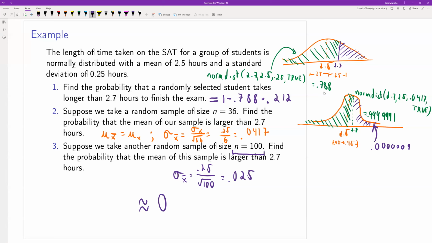For example, if we sampled our 36 students and we found that on average they took 3 hours, not 2.7, then we would think, well, okay, either I had the 1 in 10 million chance that my students happened to be that much slower at taking the exam than the average, or more likely, something about my sample is not following this mean and standard deviation that we believed.